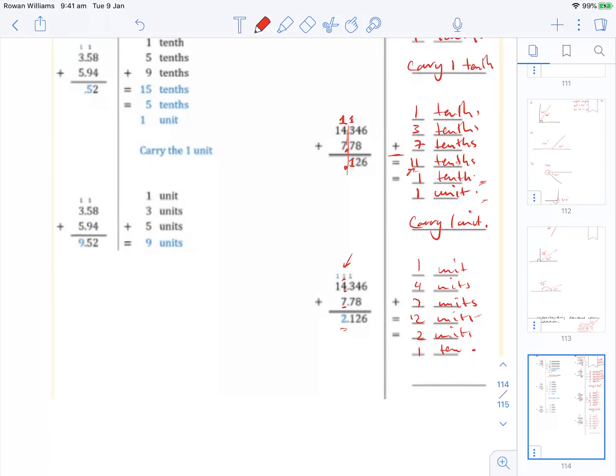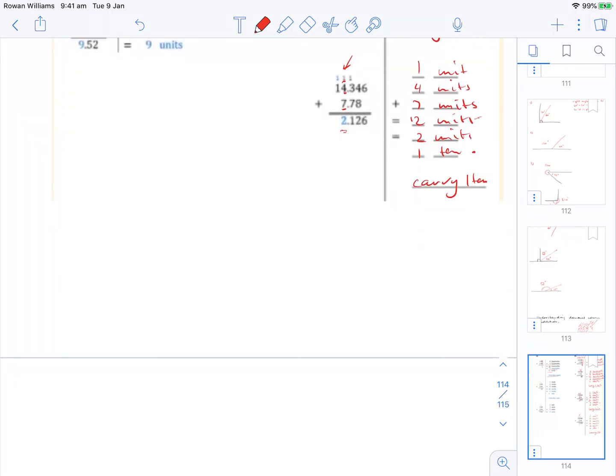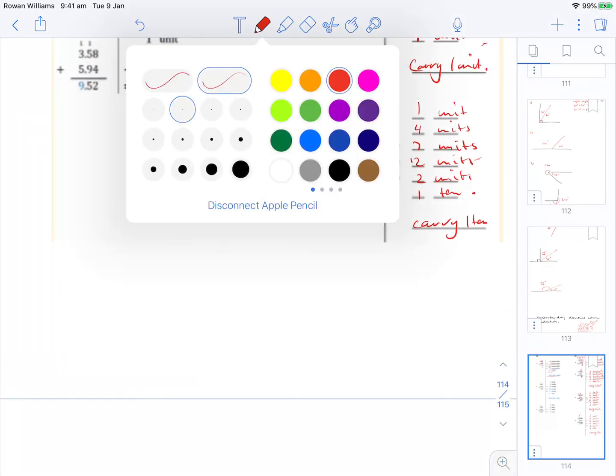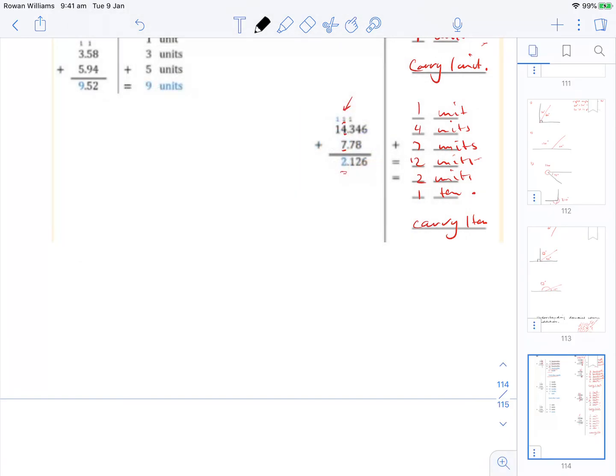That's where I just need to write that I carry 1 ten. I think I've cut off a bit of this, but our last little bit of this one will be 4.346 plus 7. We've just carried that one there.